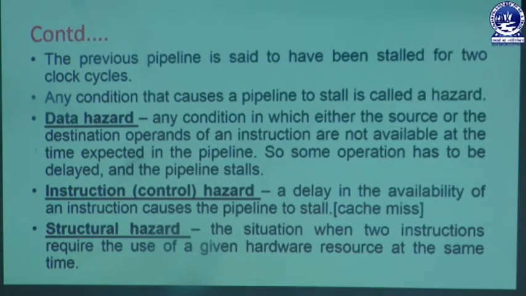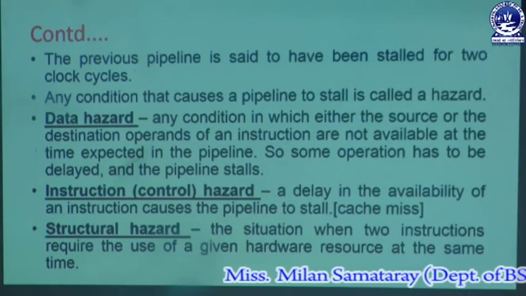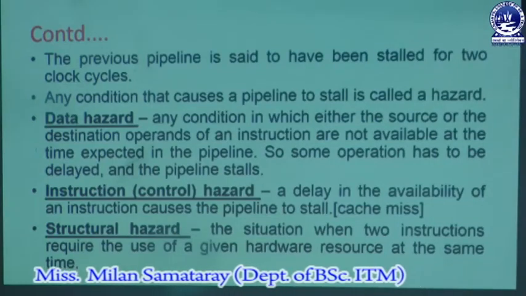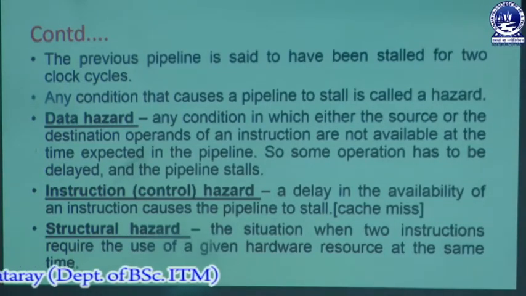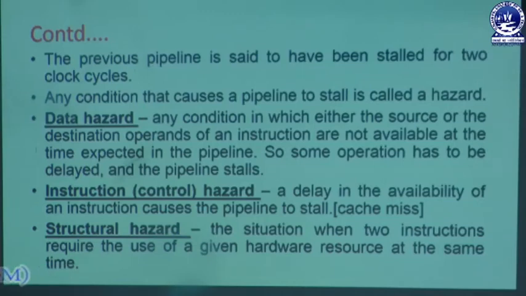And what do you mean by instruction hazard or control hazard? The pipeline may also be stalled because of a delay in the availability of an instruction. For example, this may be a result of a miss in the cache memory, requiring the instruction to be fetched from the main memory. That type of condition is called an instruction hazard or control hazard.